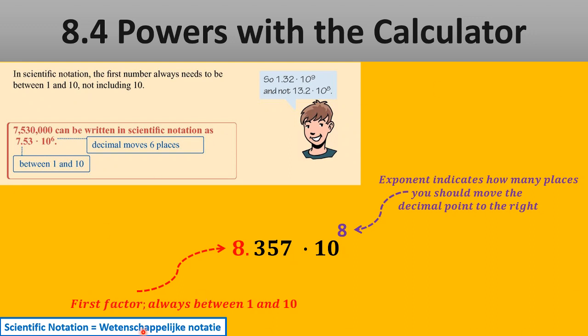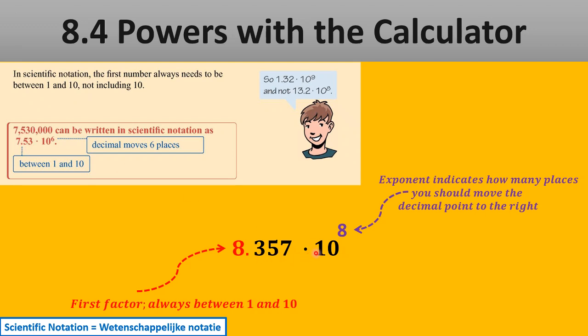The first number always is between 1 and 10. So for example here, my first number is 8, so that's okay. Then you follow it up with all the numbers that are not 0. So for example here they use 5 and 3. Here this number is 357.